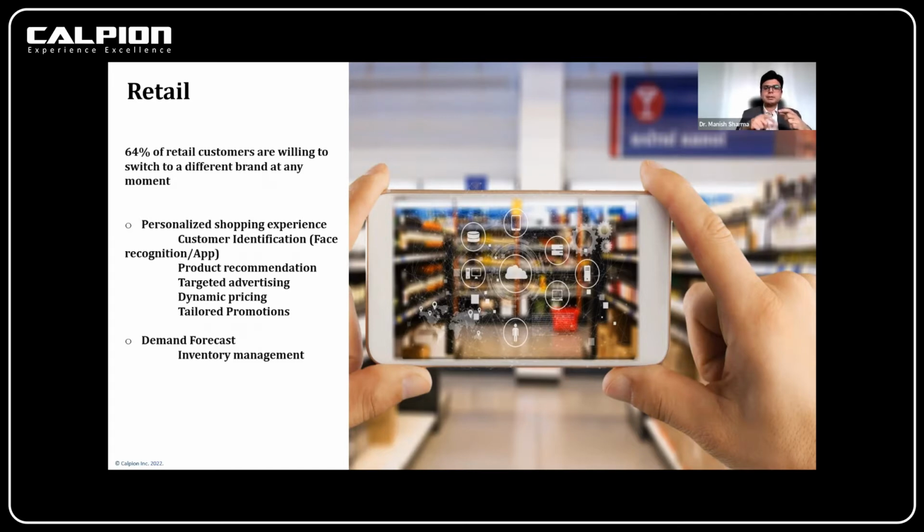And by analyzing this data, a DL model can predict what this customer is about to buy today. And once this data is with the retailer, now he can do wonders. He can upsell, he can cross-sell, he can do targeted advertisement, he can do tailored promotion.